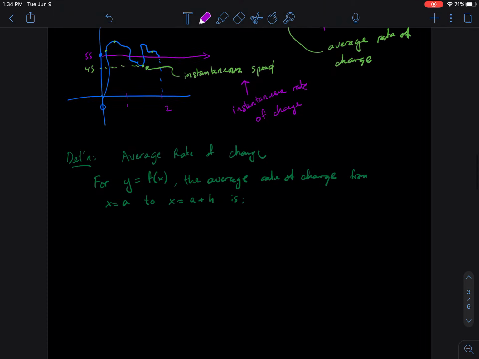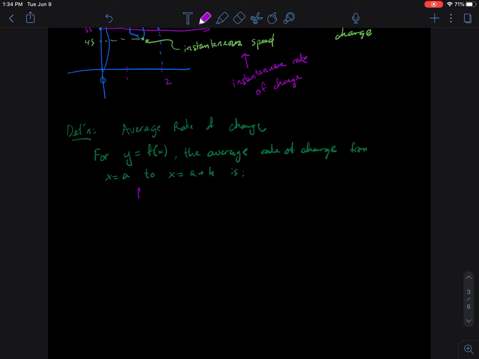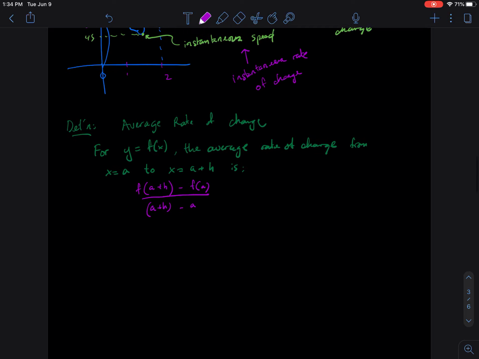It is equal to the output value of the endpoint minus the output value of the beginning point, divided by the difference of the inputs, the two positions.